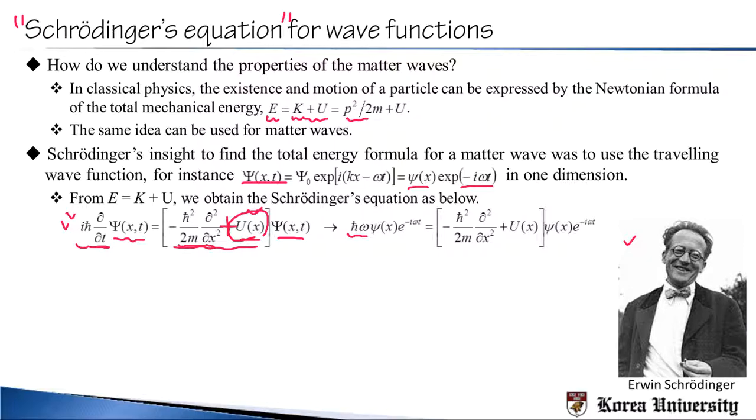Once you have finished this operation, you can explicitly write that the wave function is the position term multiplied by the time term. And on this side, there is no time operation. This is only for position. So you don't have to worry about time. You can just separate it out, and once you have done that, you can drop the time term.